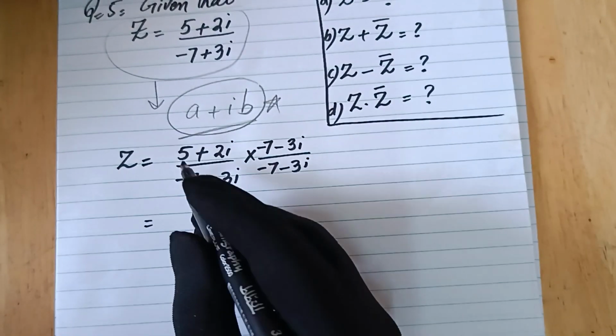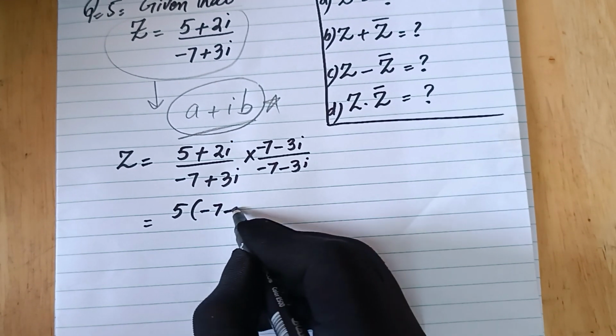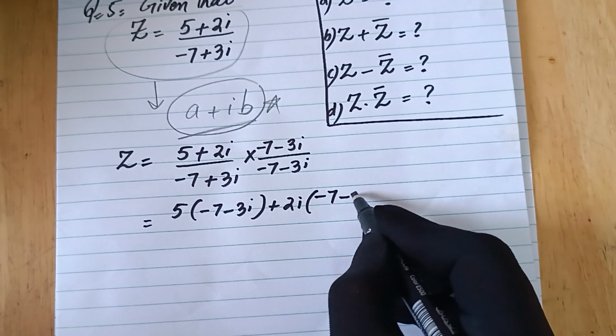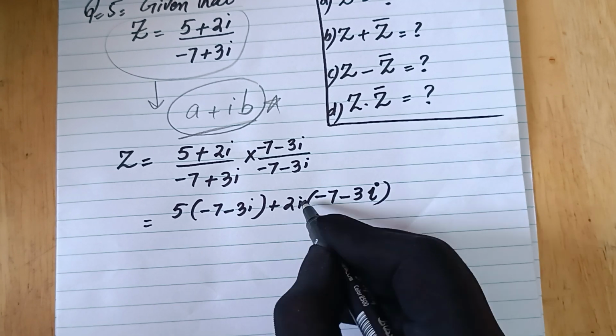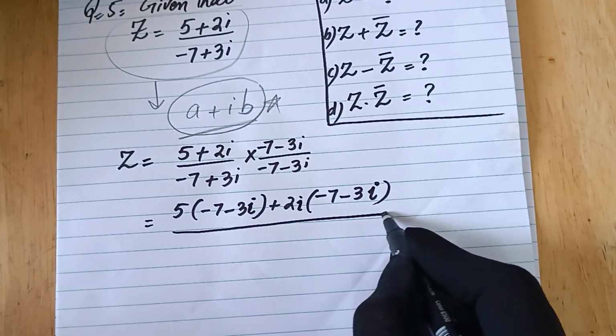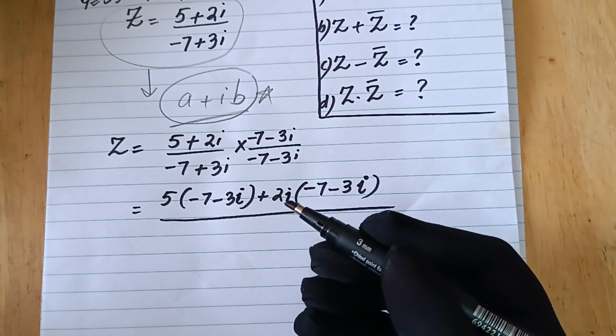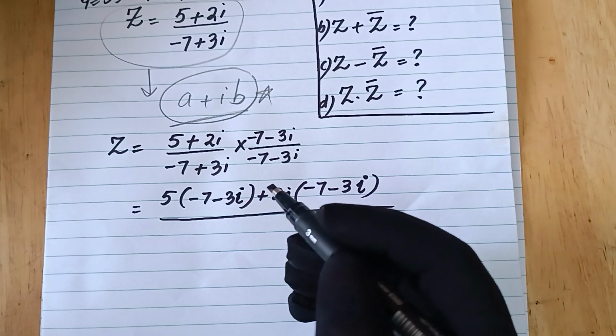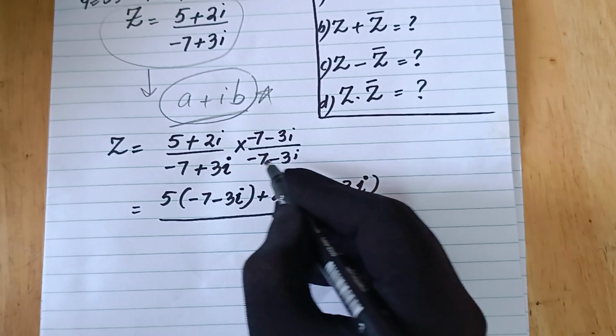So 5 plus 2 iota times minus 7 minus 3 iota. Sometimes I forget to write the iota properly, so you have to be sure about your own handwriting.